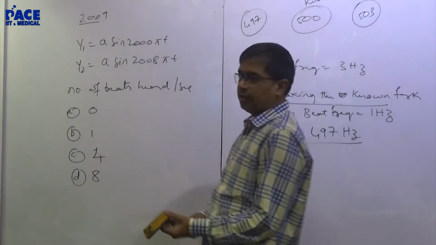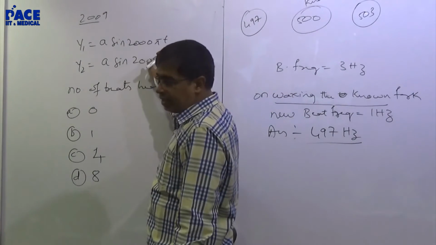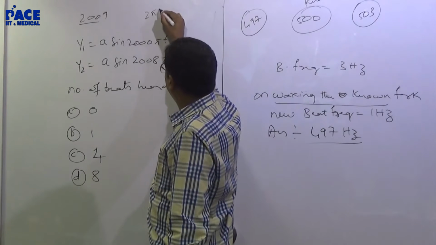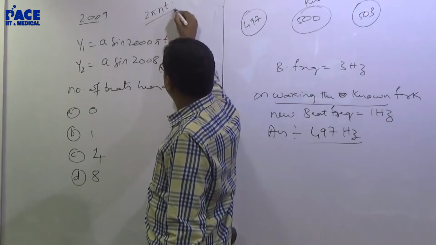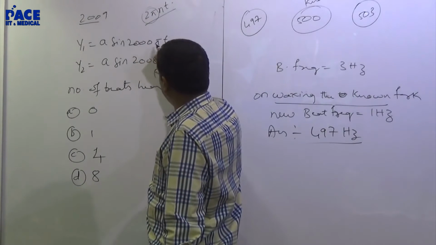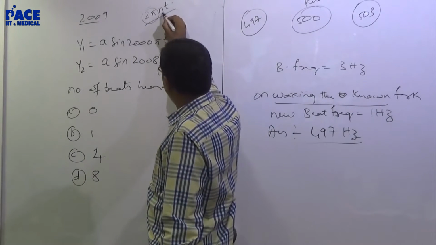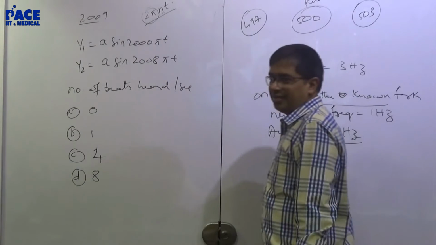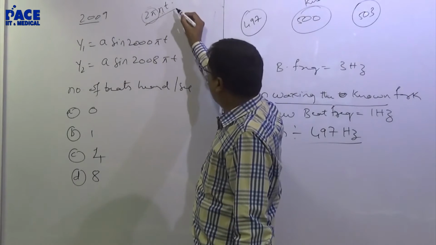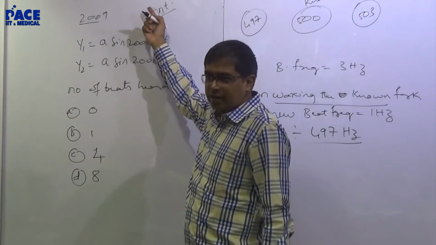See carefully. This equation is omega t, right? Omega is 2 pi n into t. So remove 2 pi and t, so this will be 1000. N will be 1000, isn't it? Compare this with omega t, omega is 2 pi n.